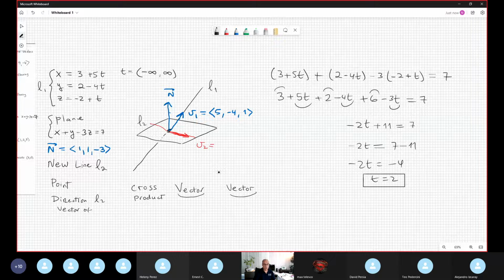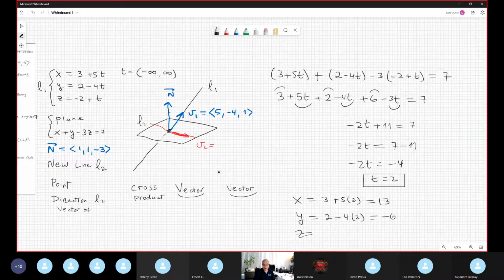Using this t, in order to find the components, you plug it in again in the original line. x equals 3 plus 5 times 2, 13. y is equal to 2 minus 4 times 2, which is minus 6.